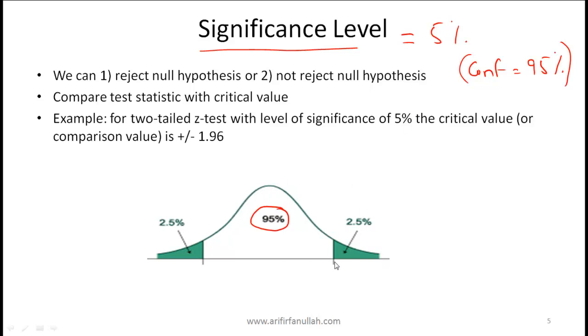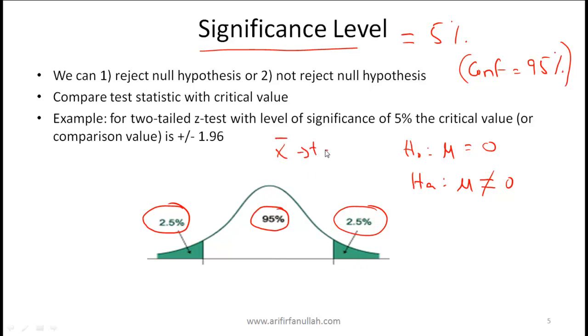5% means that we have 2.5% in each tail, and at this point I'll just let you know that given that we are dealing with a null hypothesis that said mu is equal to 0, and alternate is that mu is not equal to 0, this is a two-tail test, where if the data that you get has high positive values, you can reject the null, or if the data that you get shows x bar and hence the t stat is much less than 0, then you are in this region and you can still reject the null hypothesis.